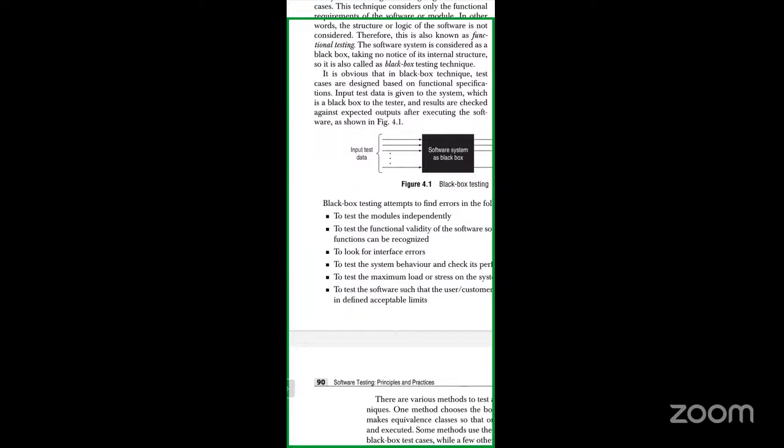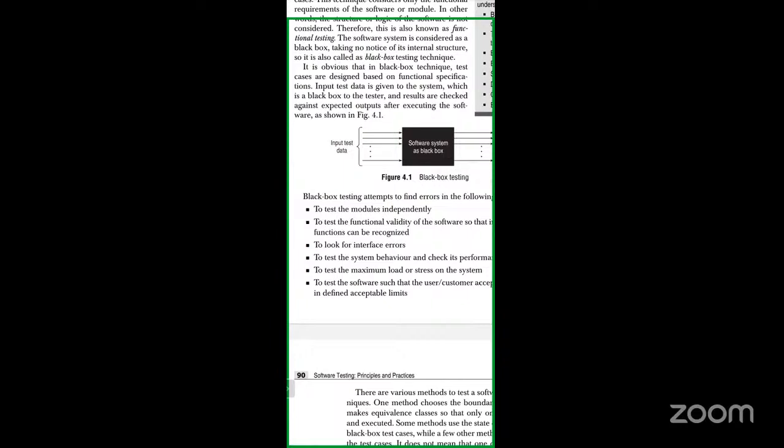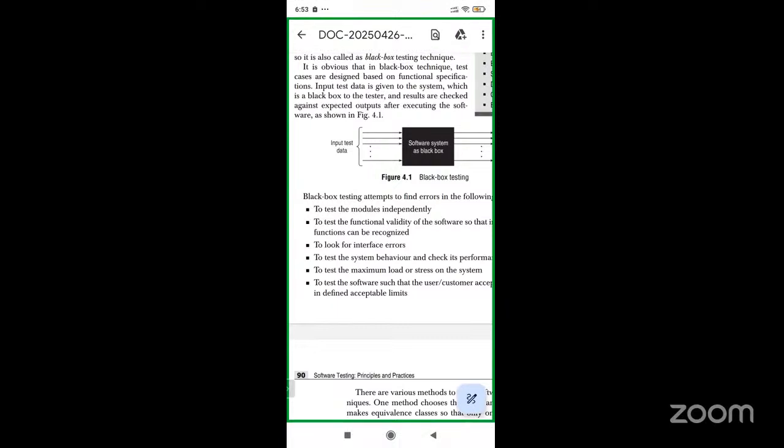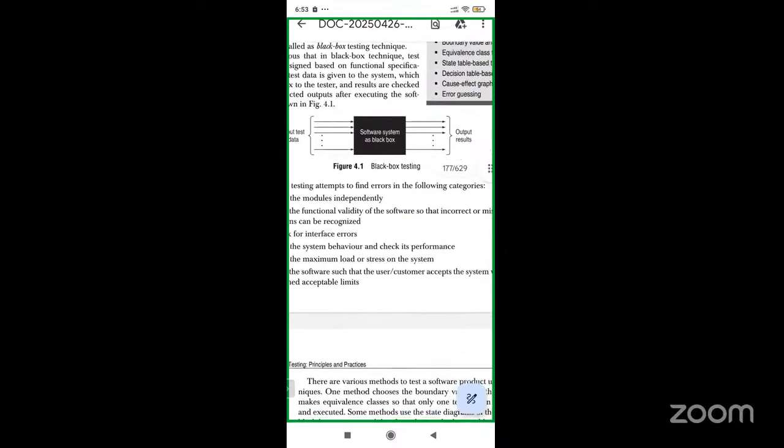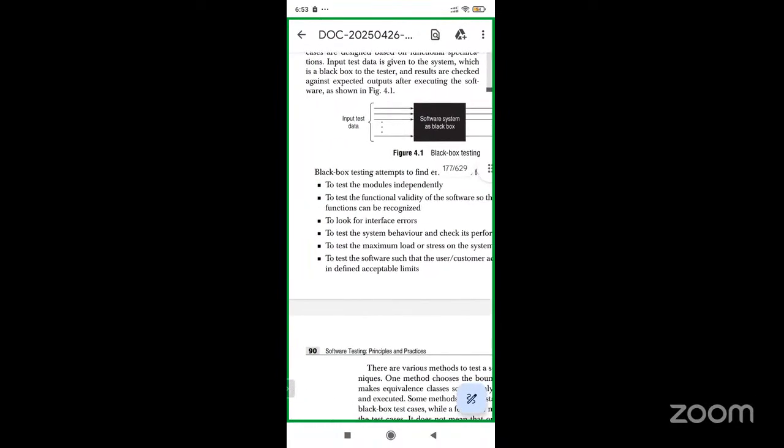Black box testing attempts to find errors in the following categories. After doing this black box testing, the kinds of errors that we are going to get are listed here. To test the modules independently, that is module testing, and to test the functional validity of the software so that incorrect or missing functions can be recognized.